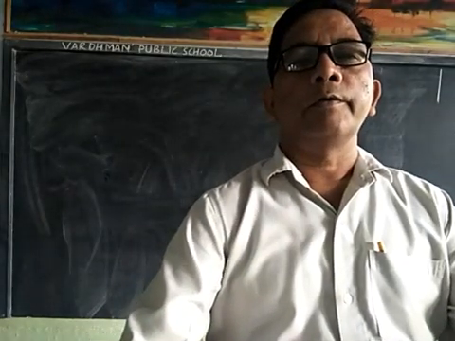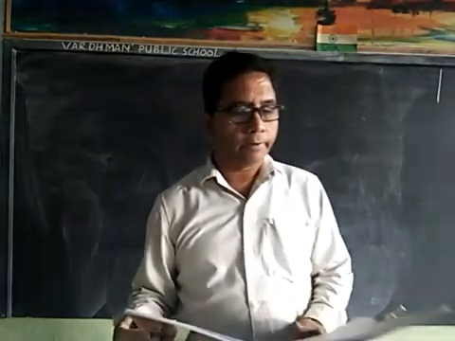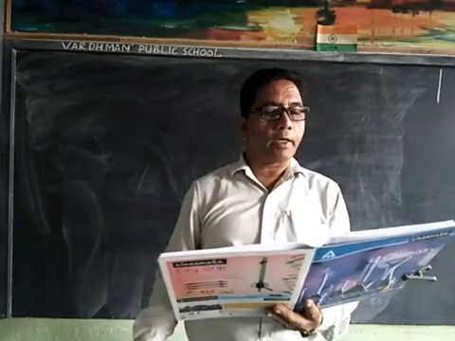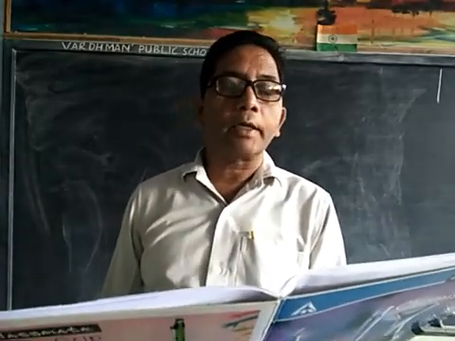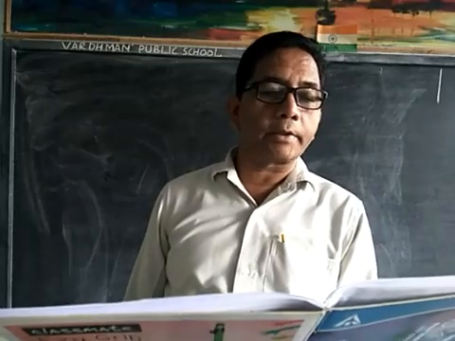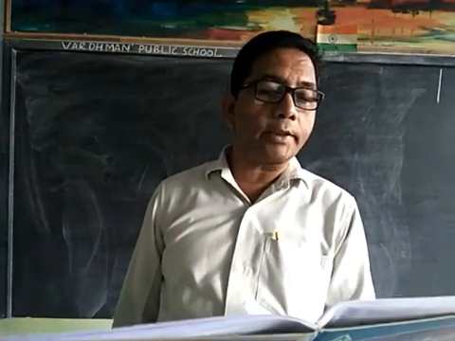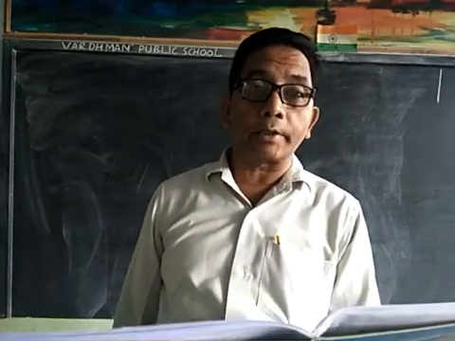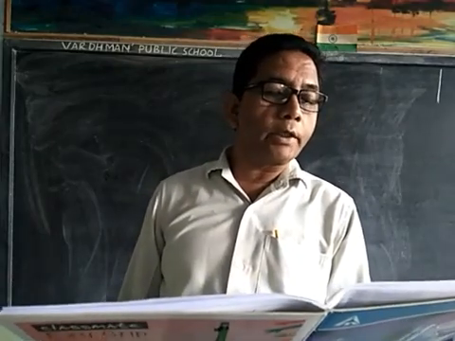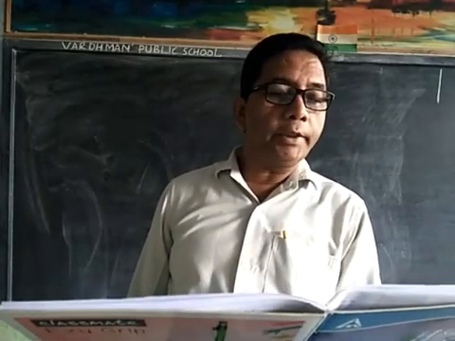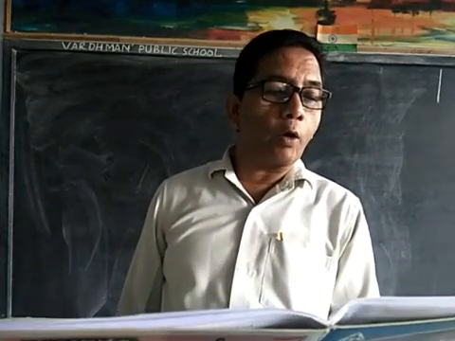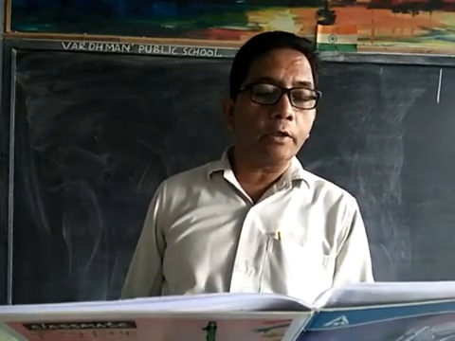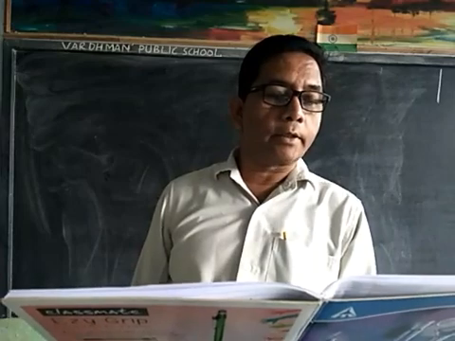Our first numerical is: if the Earth has a mass 9 times and radius twice that of the planet Mars, calculate the minimum speed required by a rocket to pull out of the gravitational force of Mars.